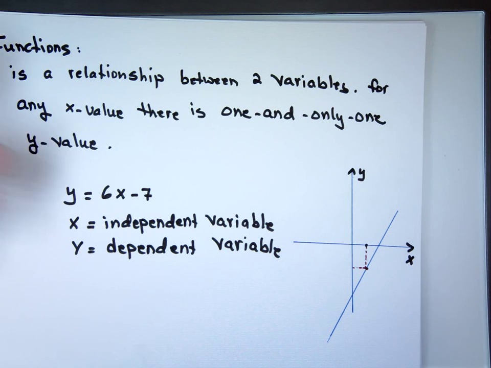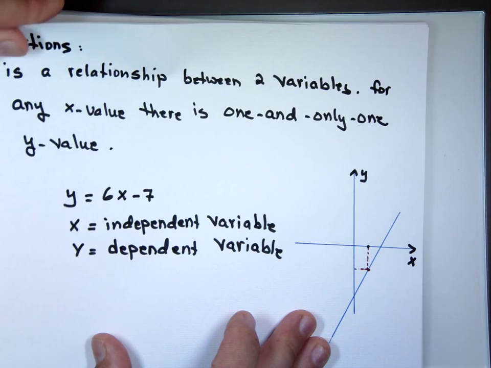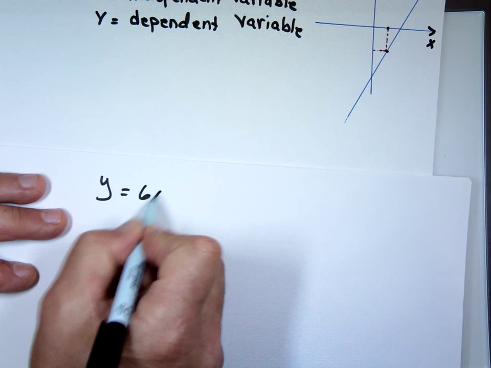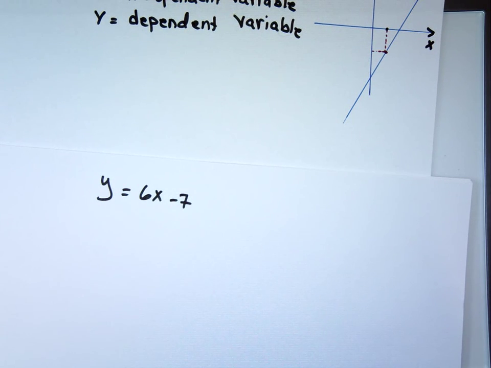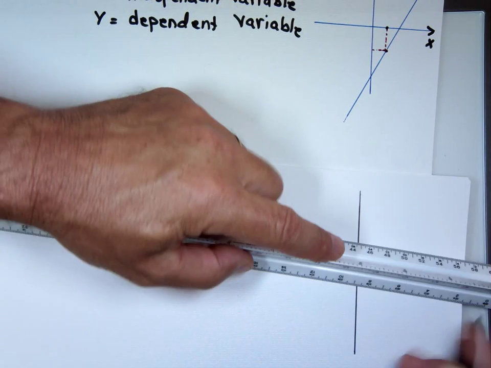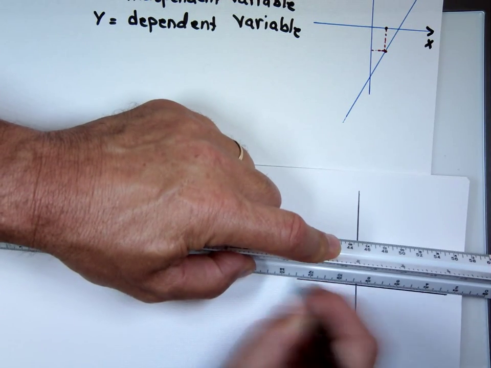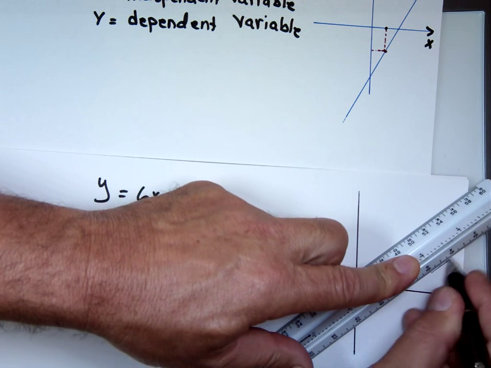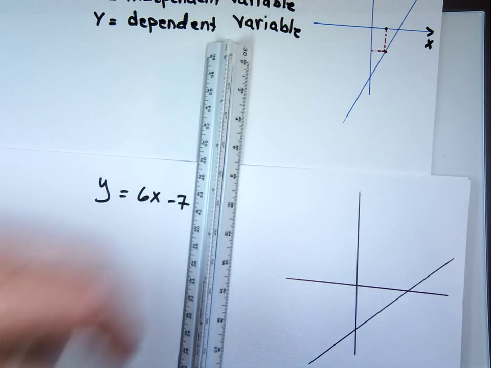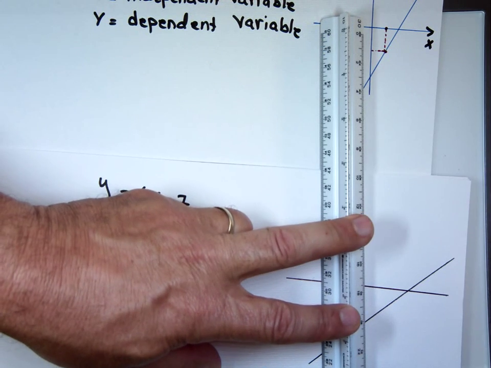So when I graph this one and I draw vertical lines, none of these lines will intersect the graph more than once. Let's go back to that one. So this is my function. Let's do the vertical line test. Draw lines up and down and see if any of these lines intersect the graph at more than one spot.